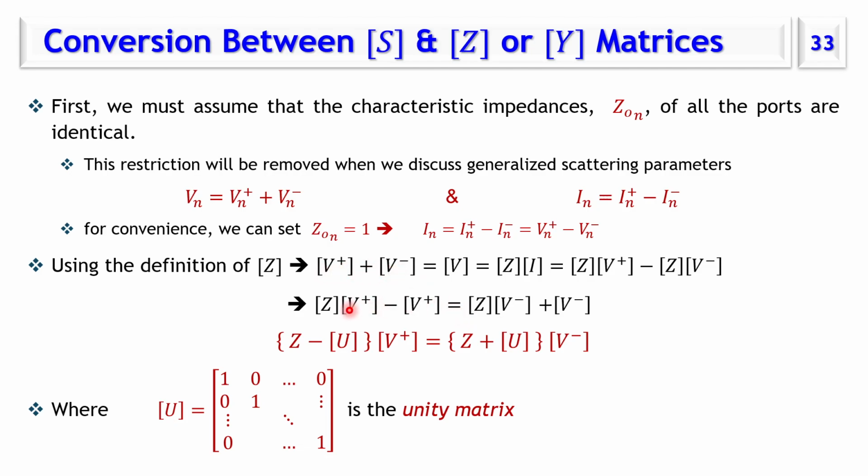Bringing both V plus to the same side, it would be Z V plus minus V plus, and Z V minus plus V minus, and using the unity matrix, the equation will look like this: Z minus unity multiplied by V plus equals Z plus unity multiplied by V minus.